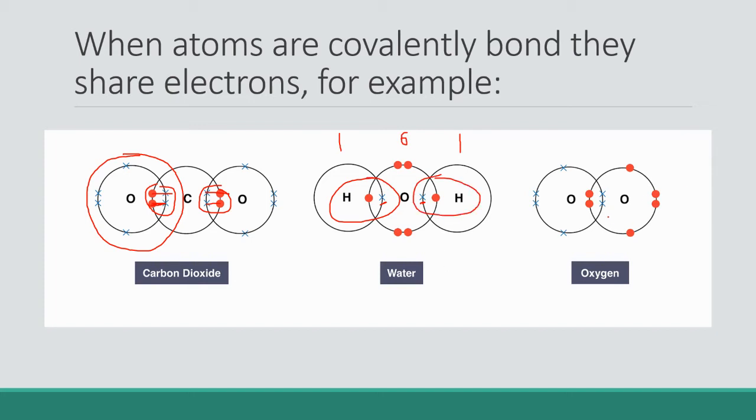This is why oxygen is O2: each one has 6 valence electrons, but they share 2 each, so there's a double bond there. The oxygen gas, O2, can be drawn like this.